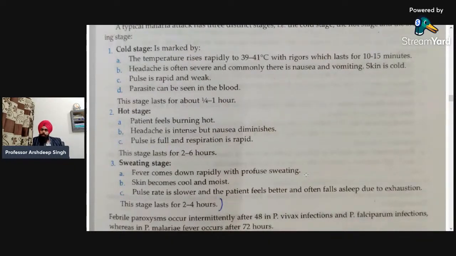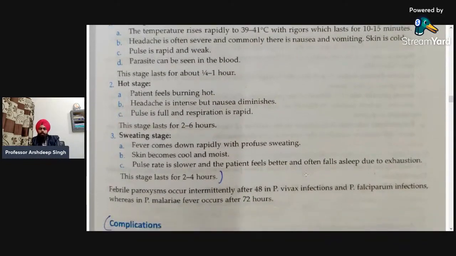The patient feels burning hot, headache is intense but nausea diminishes, and the pulse is full and respiration is rapid. Respiration becomes rapid, and the body of the person becomes hot. He feels like he's burning, or the body becomes totally hot. This stage lasts for about 2 to 6 hours. Next is the sweating stage, and that is the third and last stage of the clinical feature.